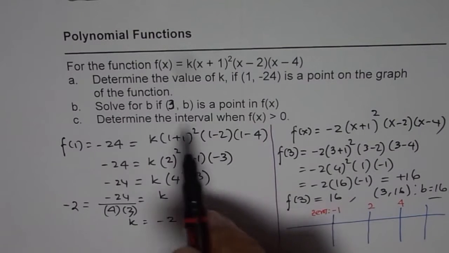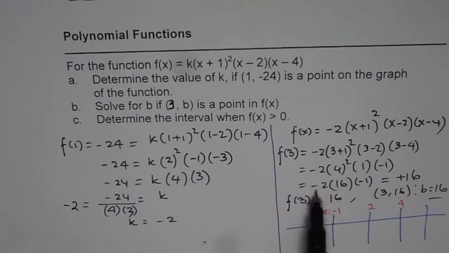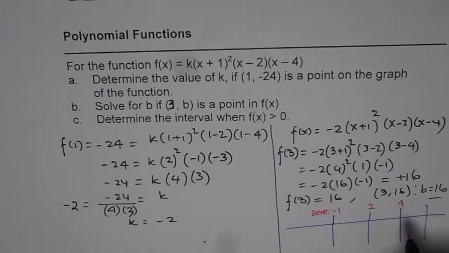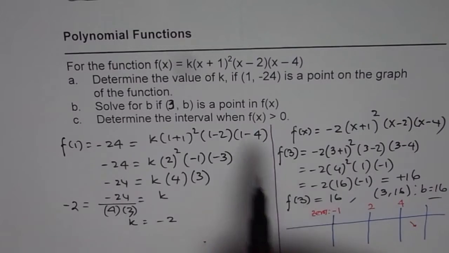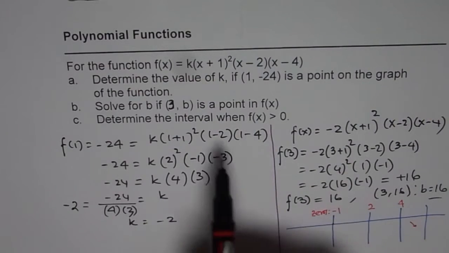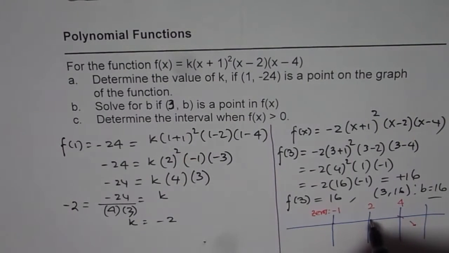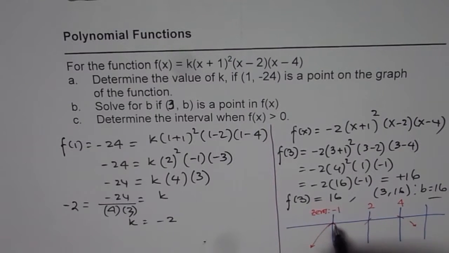Now the leading coefficient k is negative, right? Since the leading coefficient is negative, the right side has to be down. Now the zero at minus 1 is a double zero, while the others are linear zeros, so the graph crosses at those, but at minus 1 it has to bounce back. So the graph will be kind of like this.